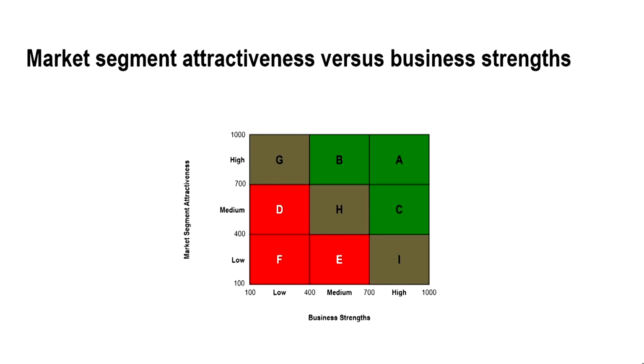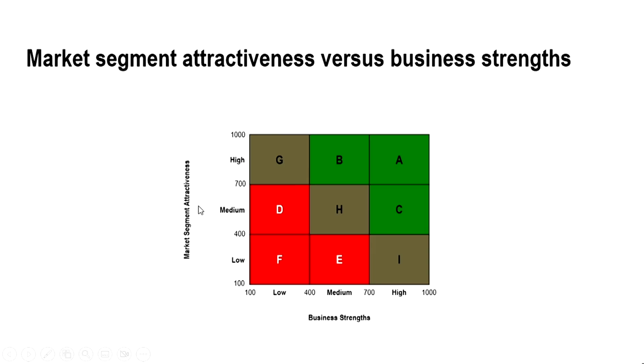In the analysis of how well we understand the segments that we have identified, a process of good segment identification will be this chart, which is now in front of you. Here, on the x axis, or horizontal axis, we have business strength going from low to high, and on the y axis, or vertical axis, we have market segment attractiveness.